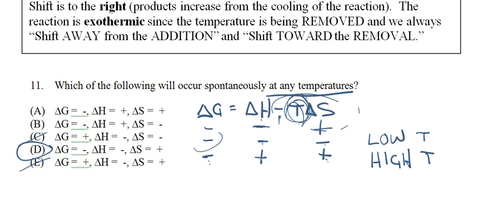So when both signs are positive, we have high temperatures. When both signs are negative, delta G has to be negative at low temperatures. Now, there is one scenario where it's an endothermic reaction and it's becoming more organized. Regardless of what temperature you put it at, delta G will always be positive. So that is a no-win situation. That is a frowny face for the reactions.